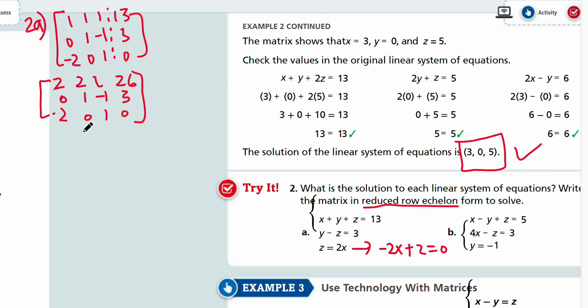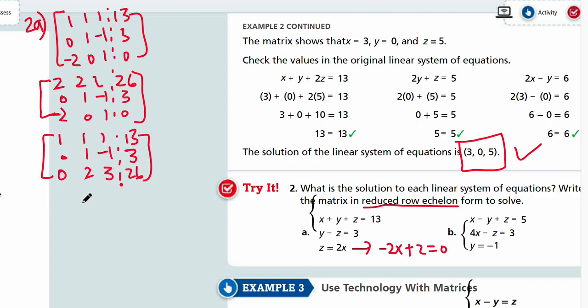And then you can add the first row and the third row, and then you can put it in the third row, so that the 0 you want it in the third row, right? So then these two, add them together, it's gonna be on the third row. So 0, 2, 3, 26 would be your new third row. And then the first row, you can divide it by 2 again to go back to your original 1, 1, 1, 13. Then your second row stays the same.